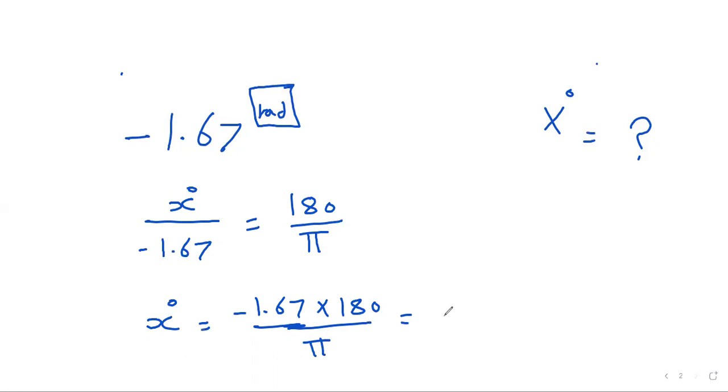It will be what? 95 degree. Minus? No, 95. Minus 95? Yes. Yusuf, click on the calculator, negative 1.67 times 180 over pi equals what?